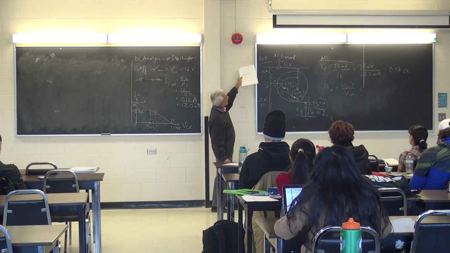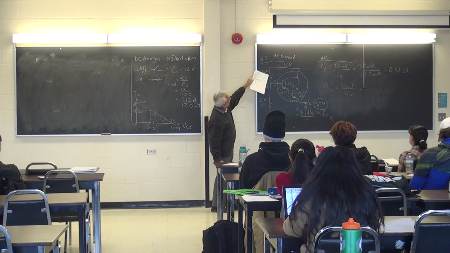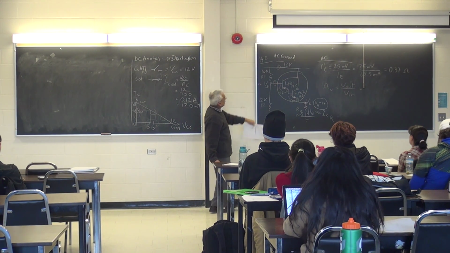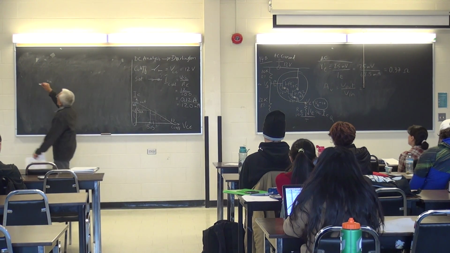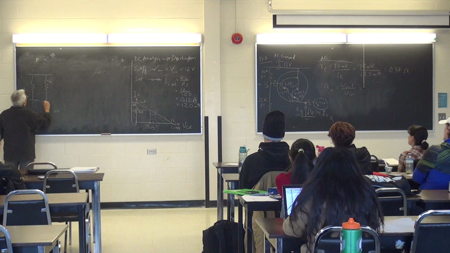So it feels like the DC source is at AC ground. So R1 is at ground, R2 is at ground. So I draw an R1 to ground, I draw an R2 to ground.